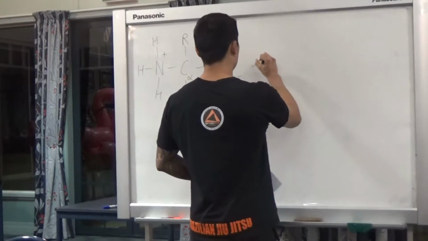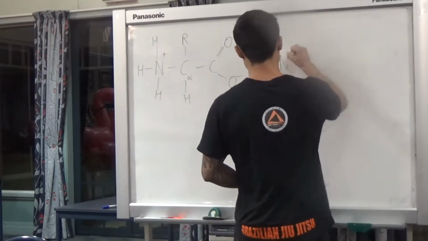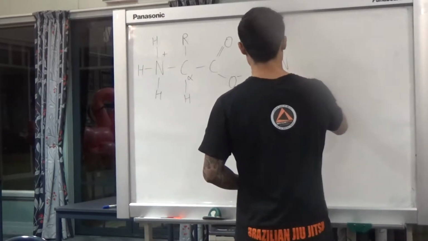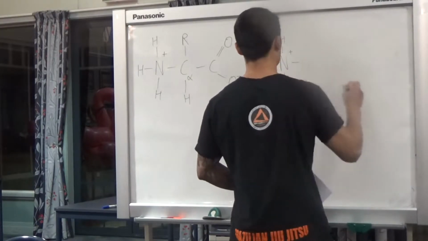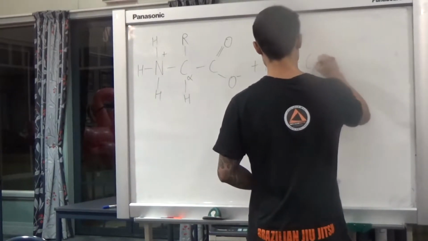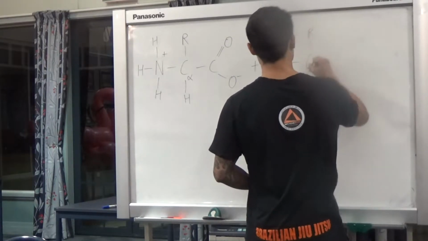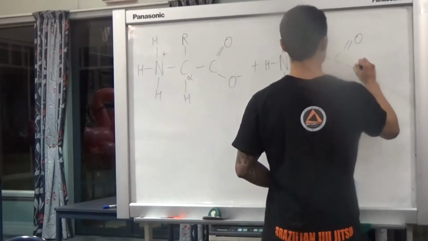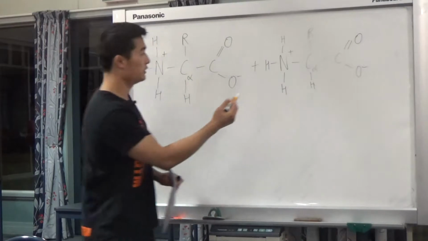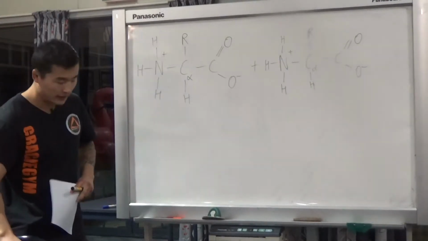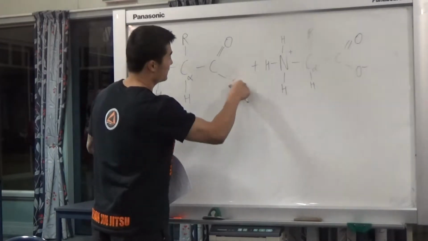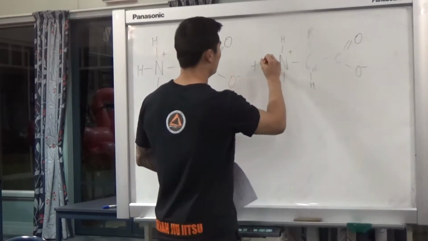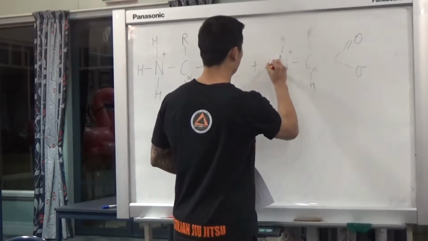And then again, there's going to be the same thing, because you need two amino acids for this to occur. Right, so you've got two generic amino acids, and I'm just going to draw this O in red, and also two of these hydrogens in red as well, so that you can see what's going on.